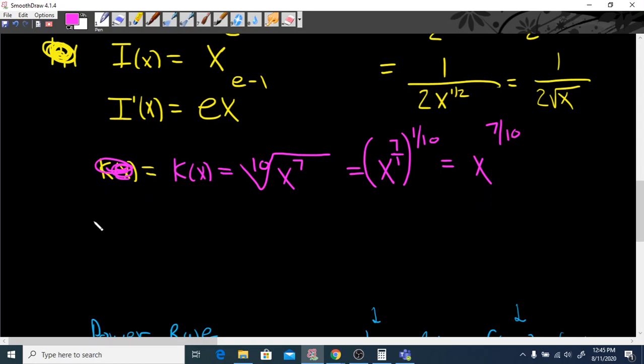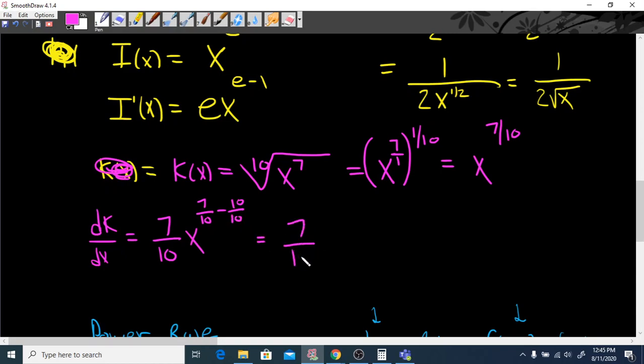So if we do the derivative, which we can write this way, dk dx, the power is going to come down, 7 over 10, and then x, and then subtract 1. 7 over 10 minus, and how do we write 1 in terms of tenths? 1 is 10/10.